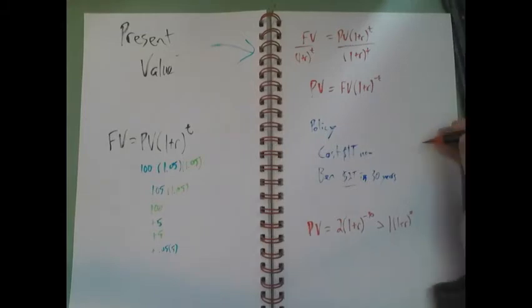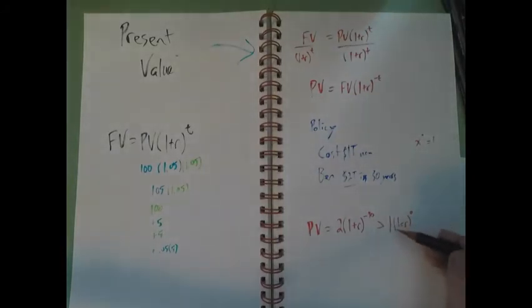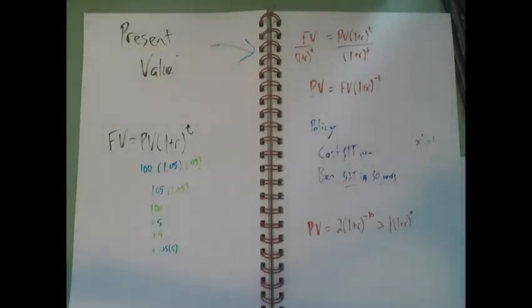And anything to the power of 0 equals 1, which is a nice little feature of math. So this just says 2 times 1 plus r to the power of negative 30 is greater than $1 trillion now. So let's ask the question about how big does r need to be?